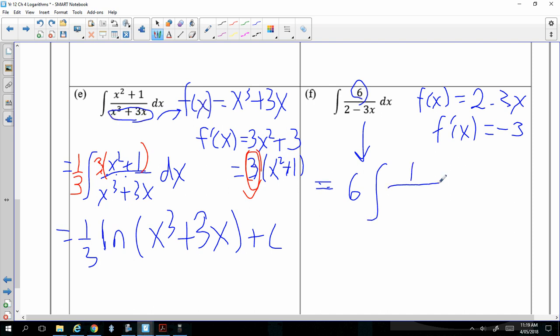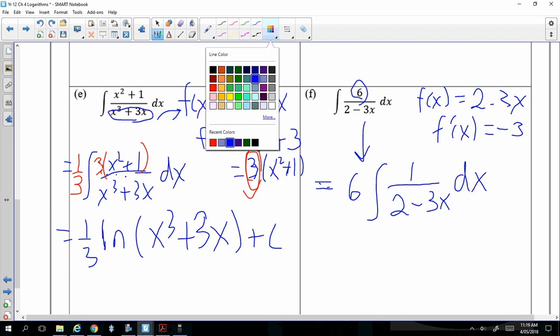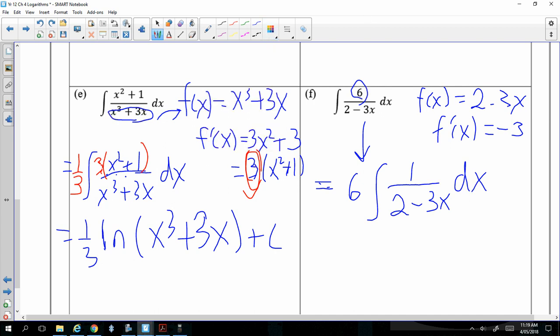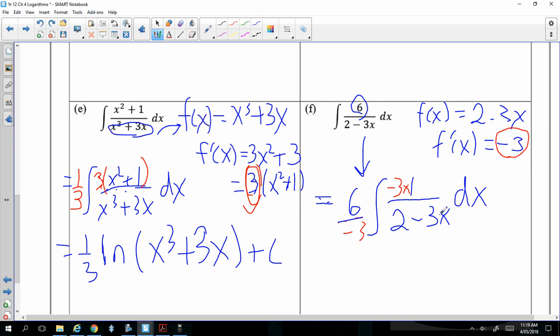You don't have to take the 6 out, you can take the 2 out, but I'll just take the 6 out. This is negative 3, so put a negative 3 in front and divide by the same amount. Then this becomes negative 2, so it becomes negative 2 ln of the denominator. All right, get the idea?